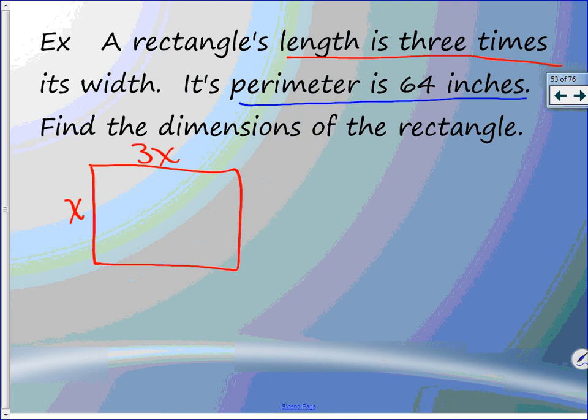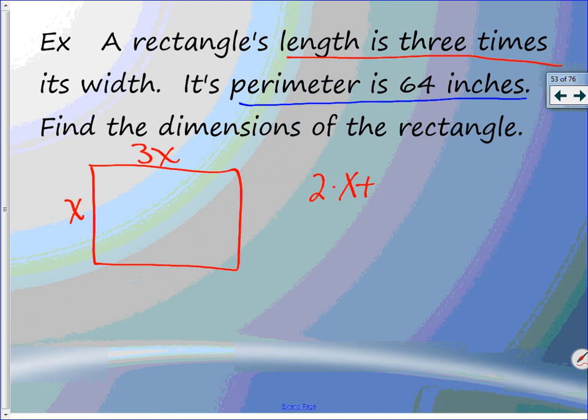Damian? You can do x plus 3x equals 64. X plus 3x. So what's the definition? Go ahead. Or x times 2 plus 3x times 2 equals 64. Okay.